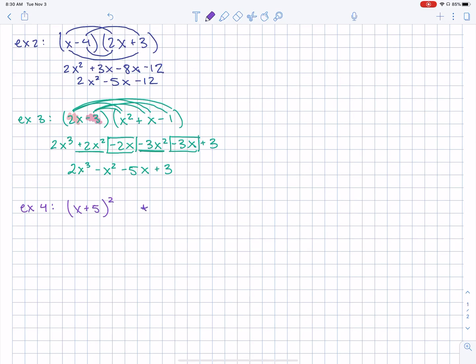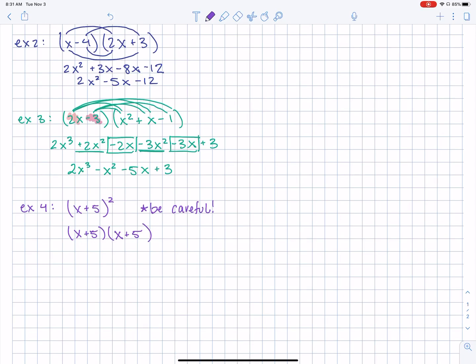Now be careful here. This is because most people go ahead and just use their exponent rules, and you can't use your exponent rules because this actually means x plus 5 times x plus 5.